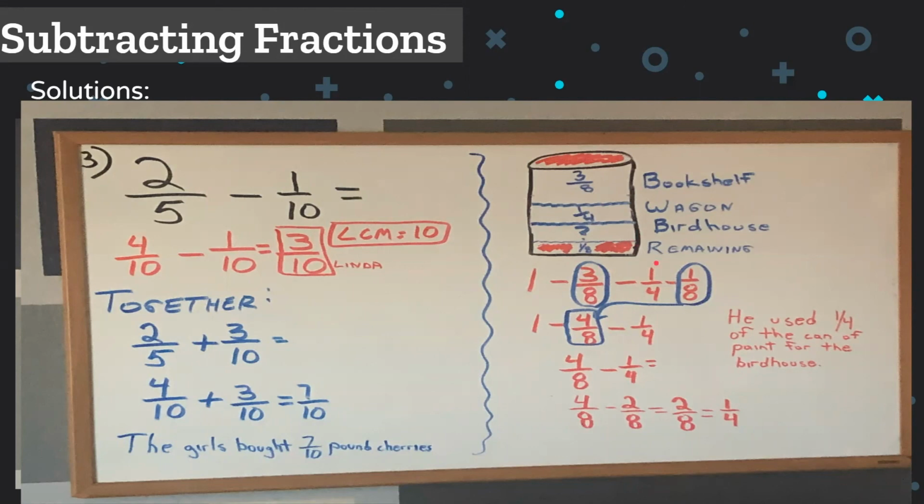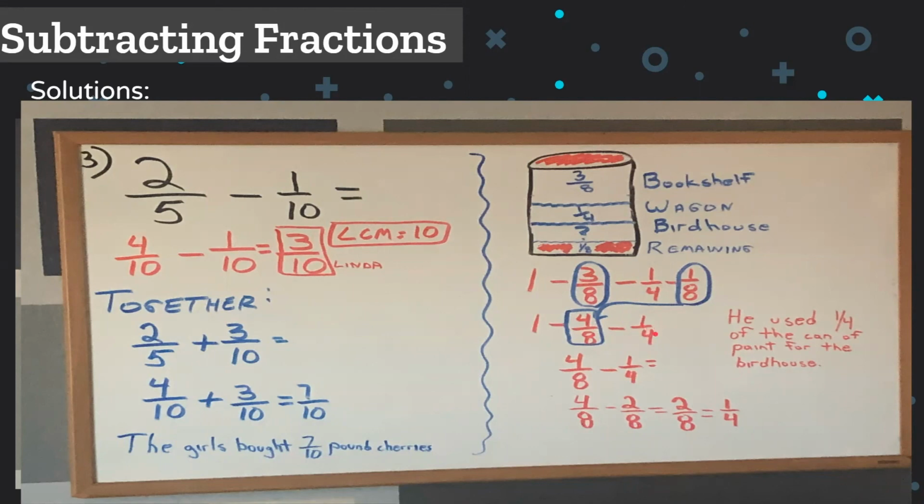And now we've also noticed something I hope you've noticed with our fractions, and this is on your worksheet. We've got a couple of like fractions already. So we have 3/8 and 1/8. We can combine them. If we combine 3/8 and 1/8, I've circled them in blue for you, that becomes 4/8. Our expression now becomes 1 minus 4/8 minus 1/4.